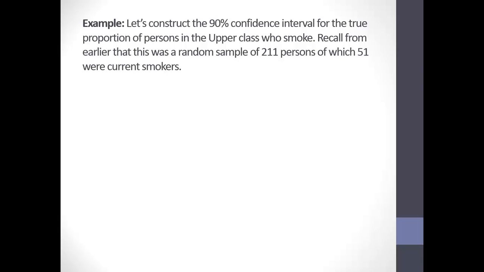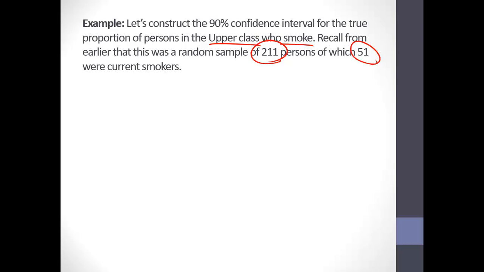Let's construct a 90% confidence interval for the true proportion of people in the upper class who smoke. There were 211 upper class folks in our 2A table, 51 of which are current smokers.